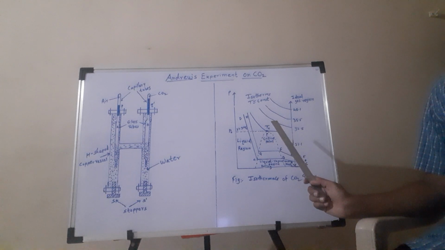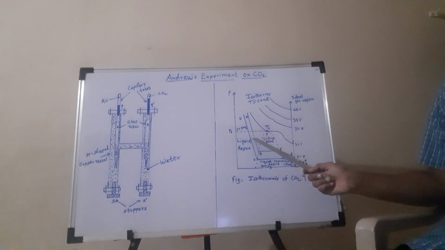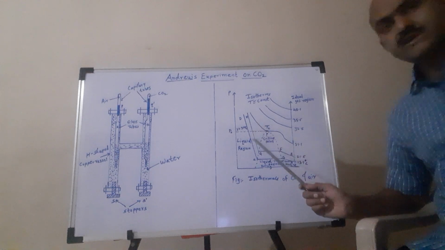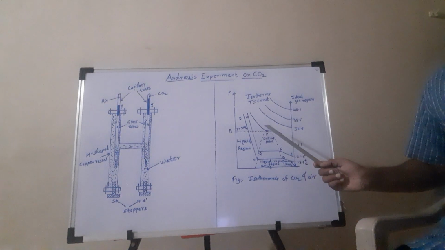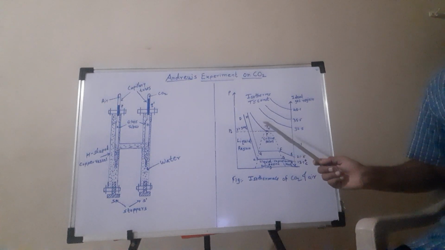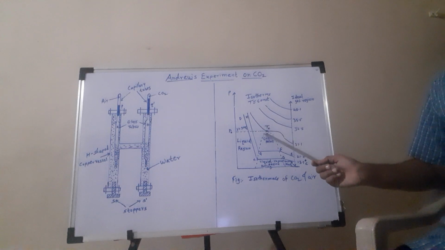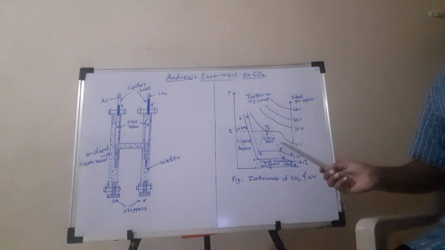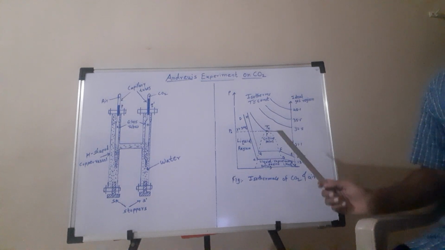Below the critical isothermal, CO2 gas can be liquefied by the application of pressure alone. This dotted curve, whose highest point is P, is called the critical point, and the temperature 31.1 degrees Celsius of the isothermal is called the critical temperature.